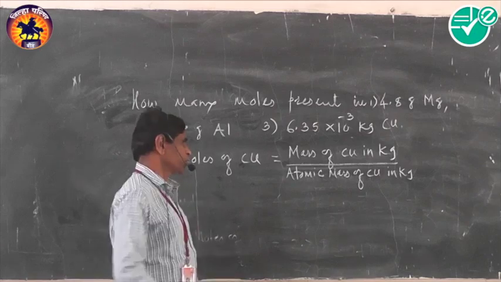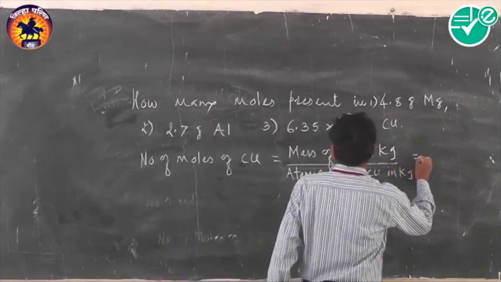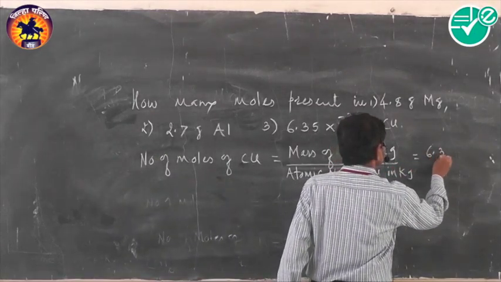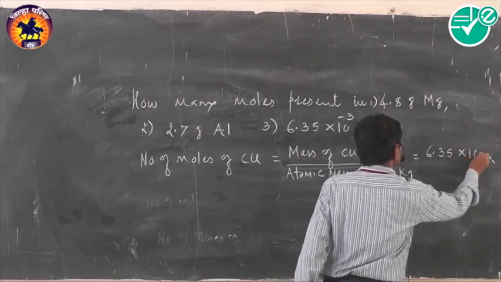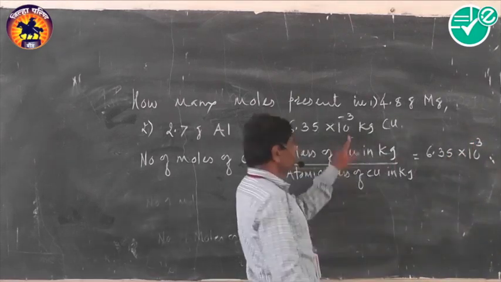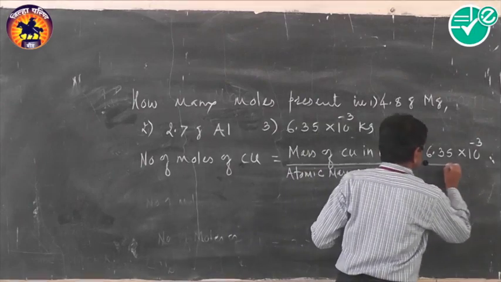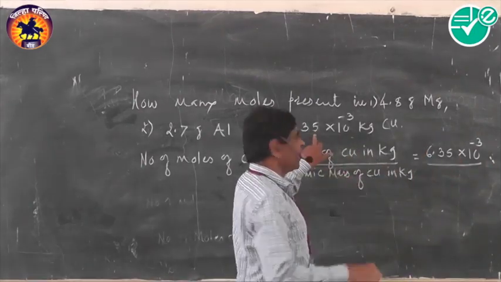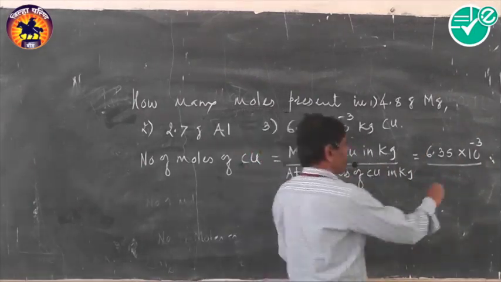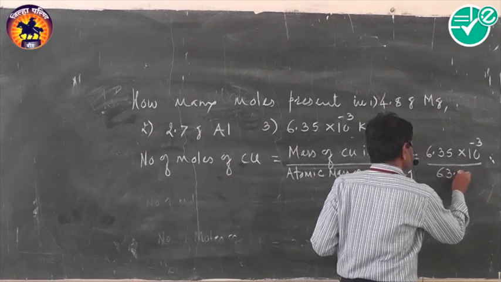And so it is equal to 6.35 into 10 raised to minus 3. This is mass in kilogram. So then it is divided by the atomic mass of copper, which is 63.5.